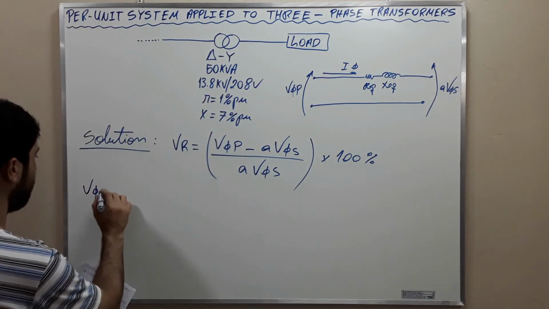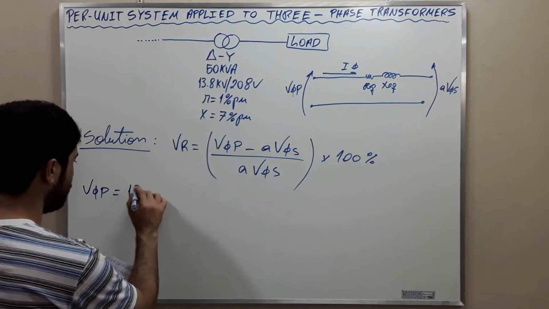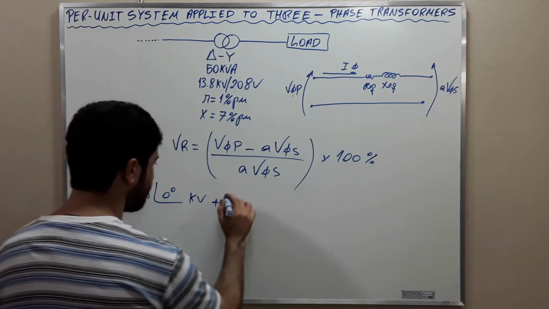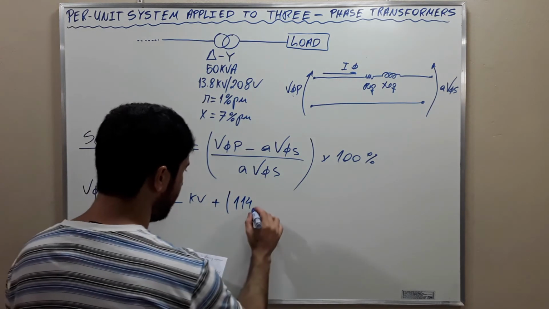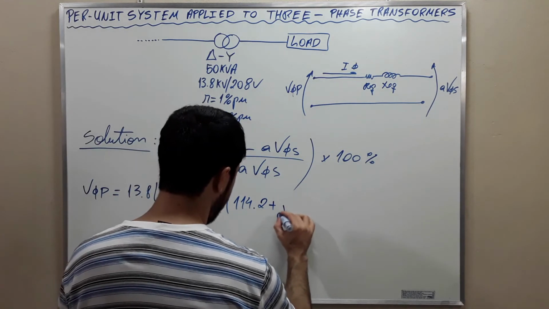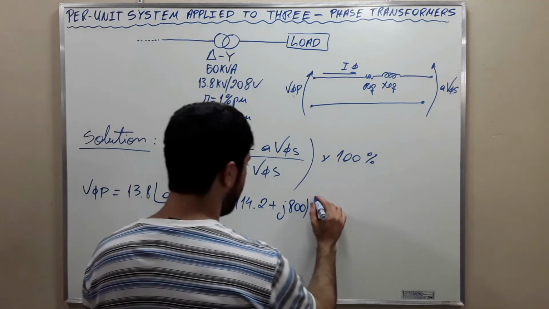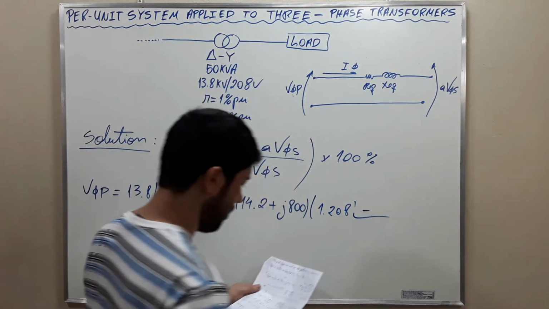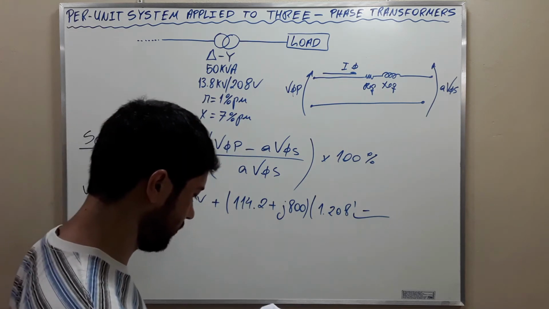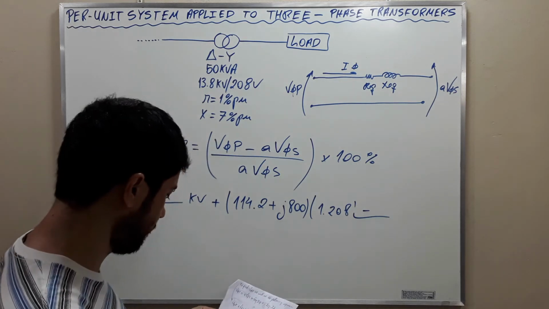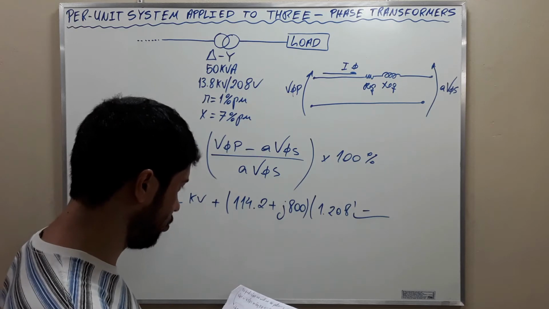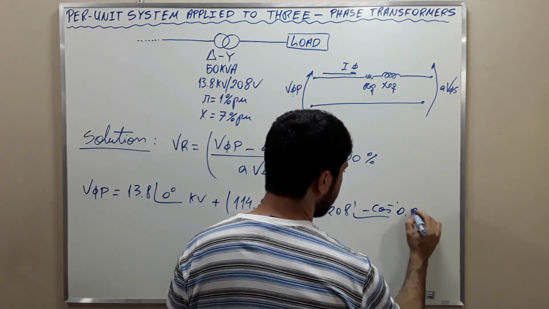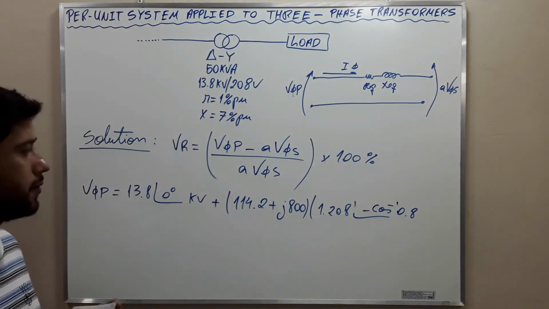So, the phase voltage of the primary is going to be equal to 13.8 phase 0 degrees kV plus 114.2 plus J 800 times the current, 1.208 in the phase, and the phase of the current for the power factor is the inverse cosine of the power factor.